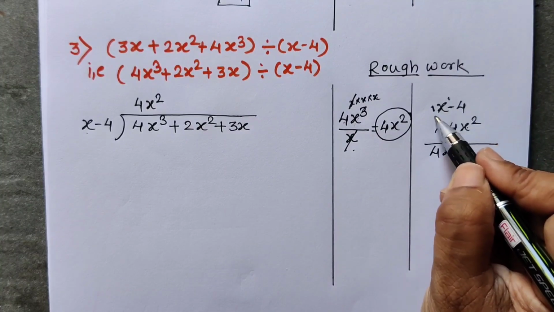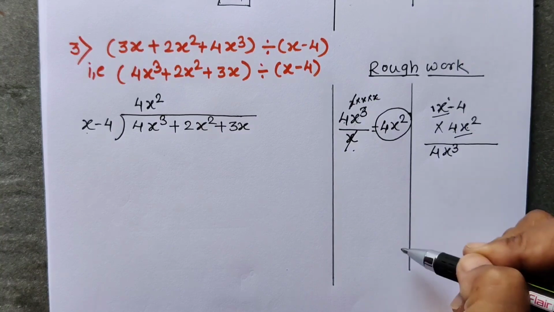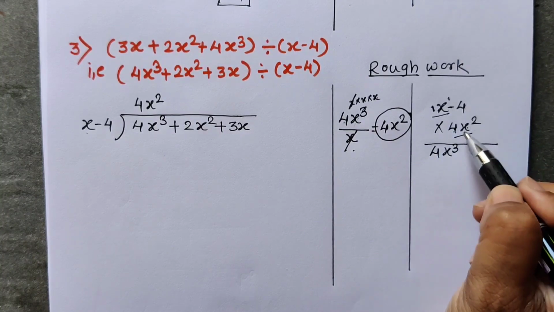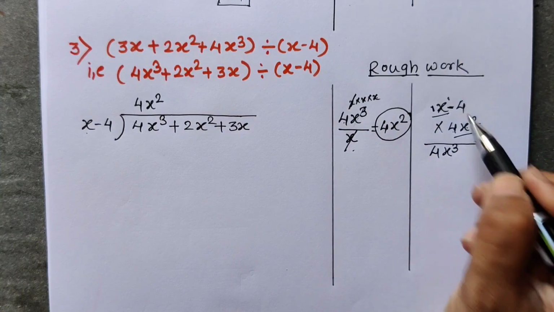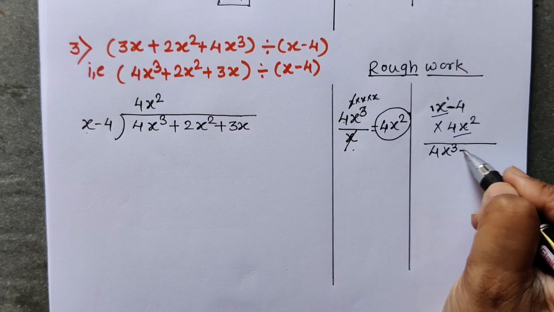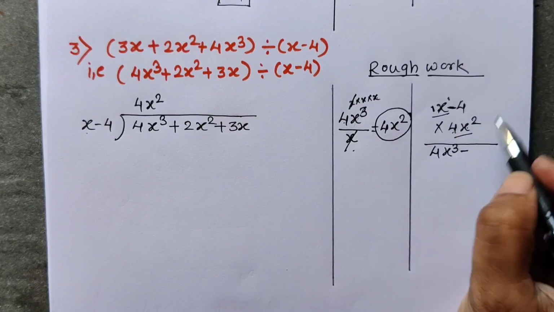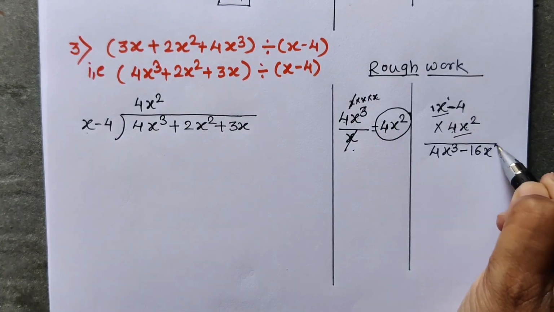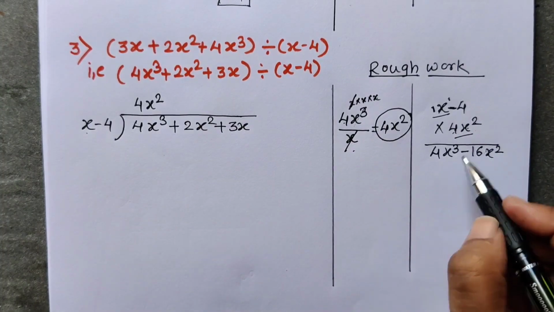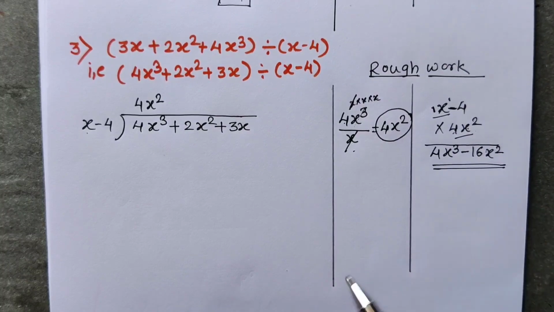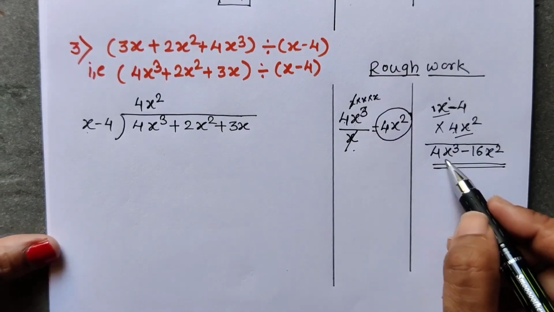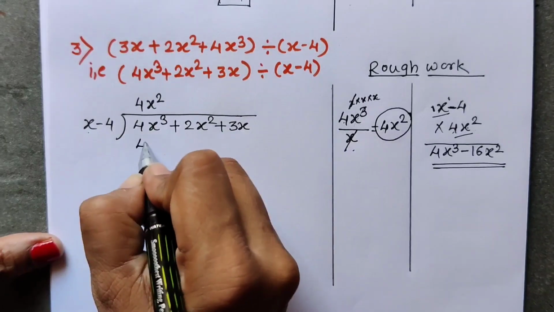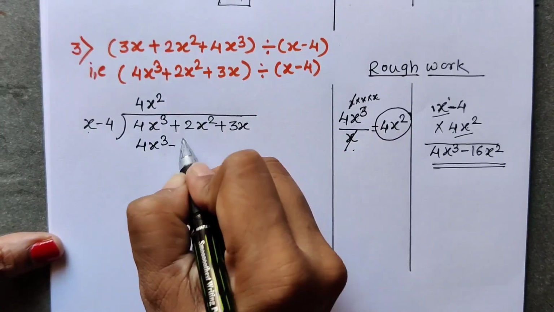So we have multiplied the first term with 4x square. Now multiply the second term, minus 4, with 4x square. The minus sign is there, so we put the minus sign. 4 into 4 is 16, and x square is written as it is. So we get 4x cube minus 16x square. This 4x cube minus 16x square we write under the dividend.